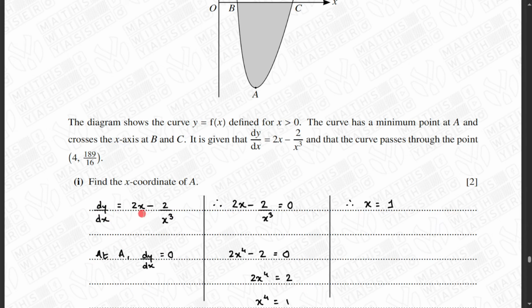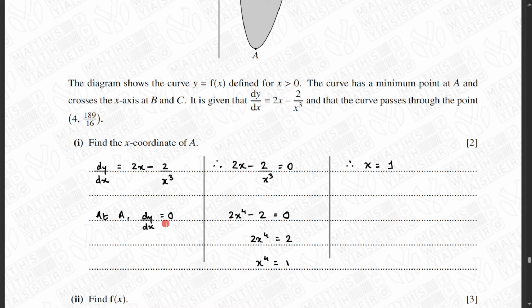Since dy by dx is equal to 2x minus 2 over x cubed, we know that since this is the minimum point, the gradient over here will be 0, which means dy by dx is equal to 0. So we can substitute this value into this equation and we get 2x minus 2 over x cubed equals 0.